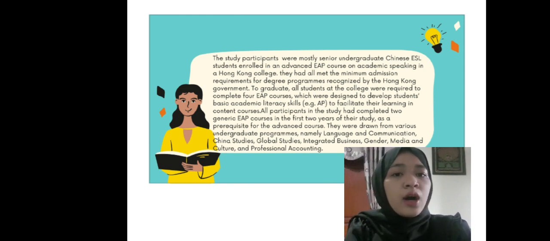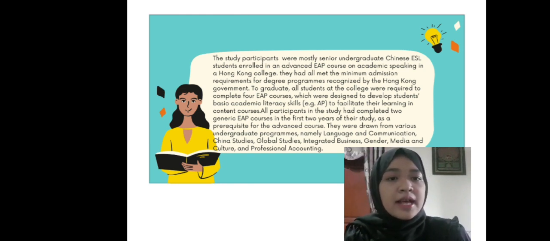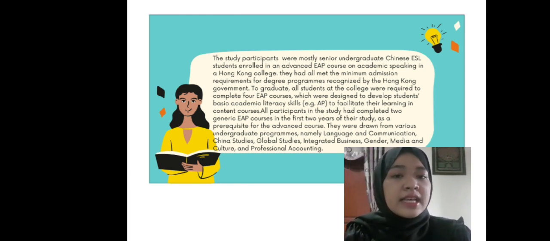To graduate, all students at the college were required to complete four EAP courses, which were designed to develop students' basic academic literacy skills to facilitate their learning in content courses.